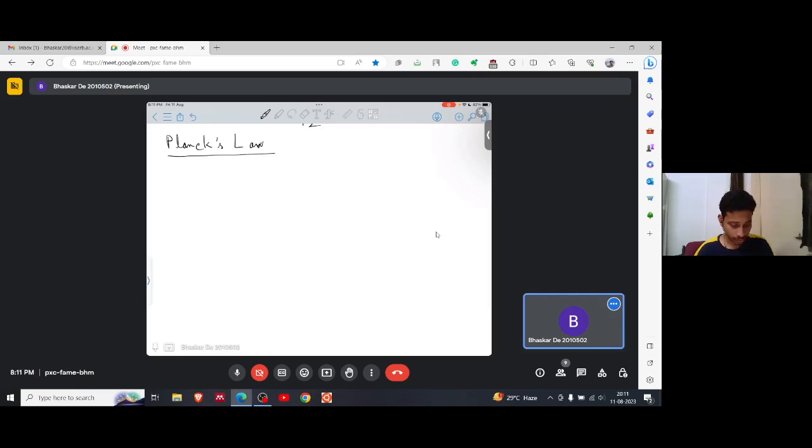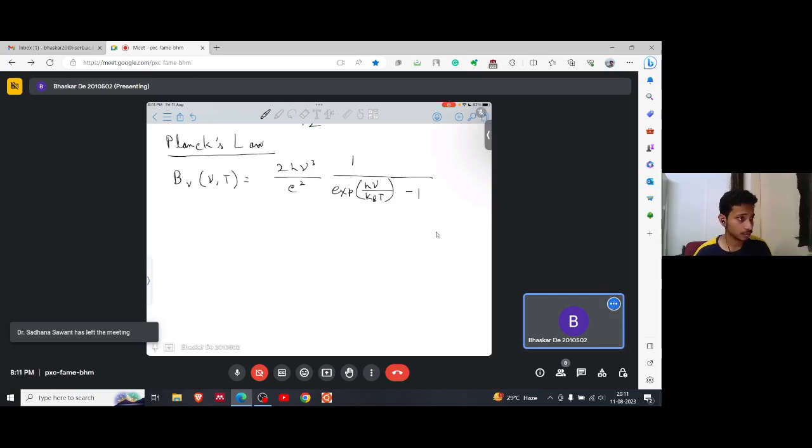Basically every physical body spontaneously and continuously emits electromagnetic radiation, and this can be written in terms of black body radiation like this: 2h nu cubed by c squared, times 1 by exponential of h nu by kBT minus 1.